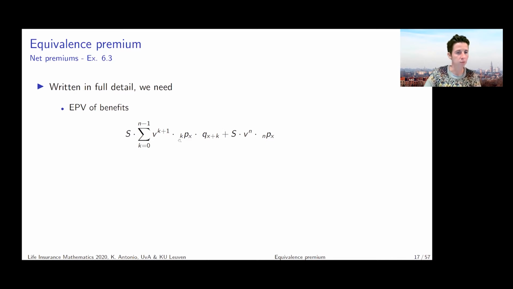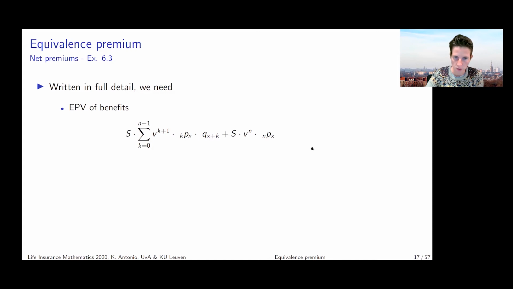Of course, we've got an endowment. So if my policyholder is alive at time n, then the sum insured of S will be paid at time n. So the present value of this S payable at time n is S multiplied with v to the power n multiplied with the n-year survival probability.